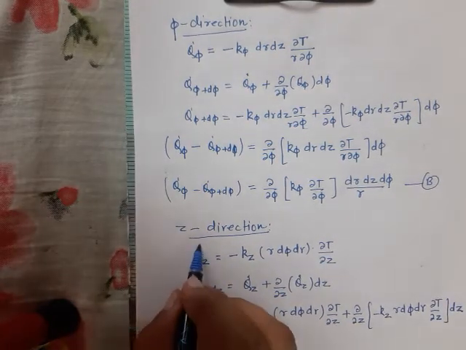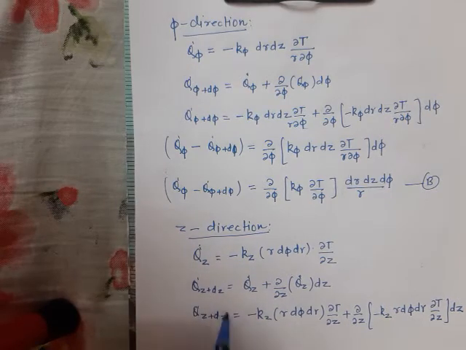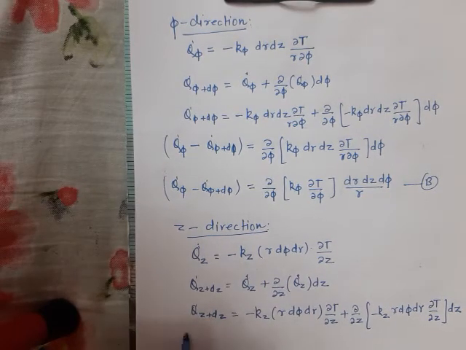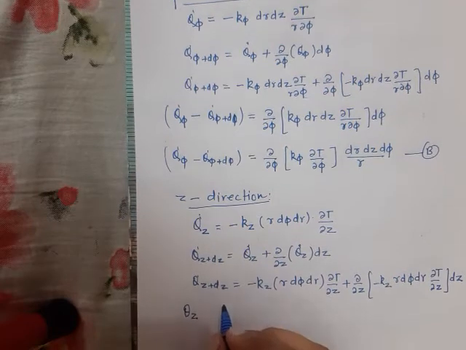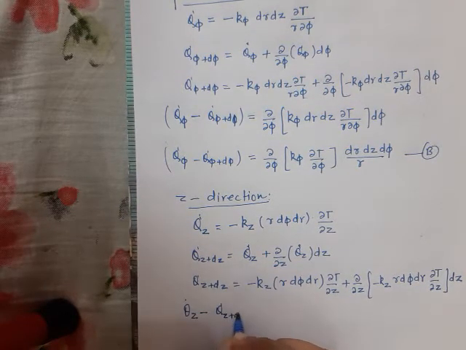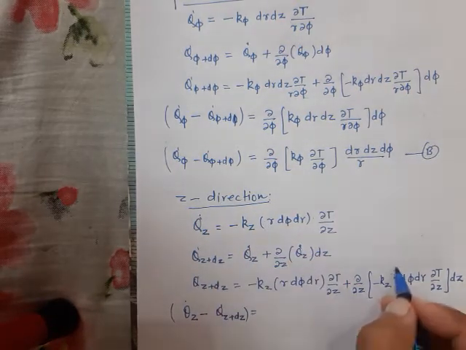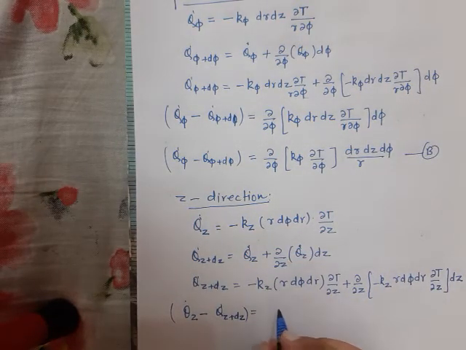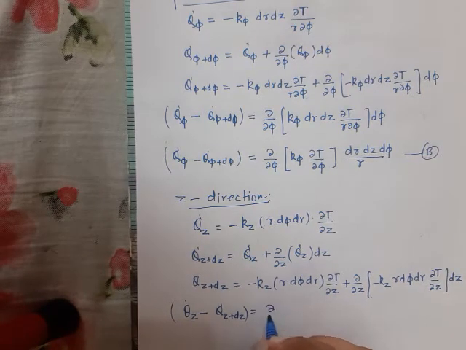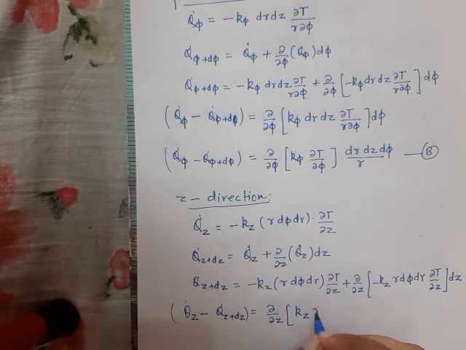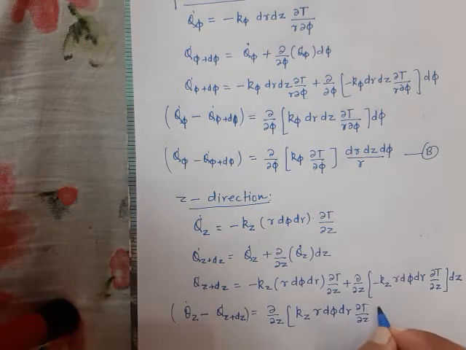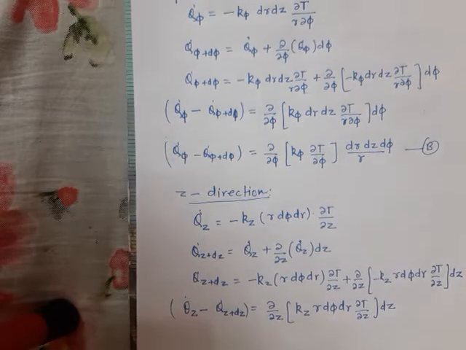Now again I need to subtract q_(z+dz) from q_z. So q_z minus q_(z+dz) would be equal to, this term will get cancelled out and this term will become a positive quantity. So it would be del upon del Z of k_z r d phi dr del T upon del Z multiplied by dz.